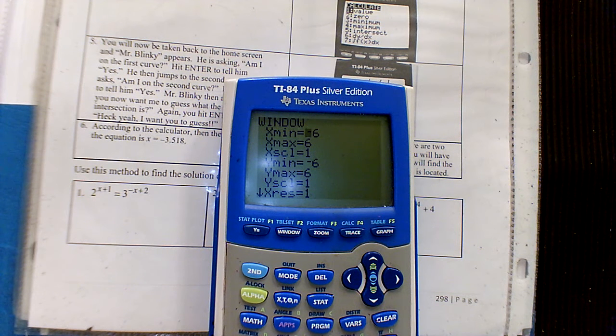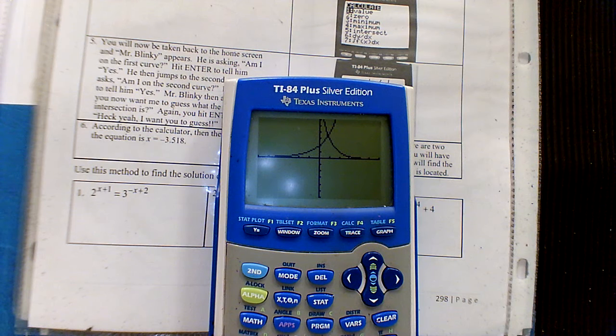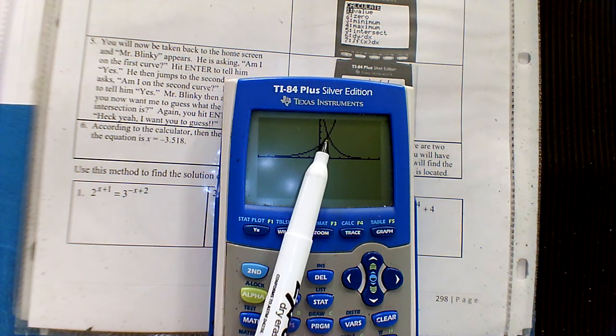Who knows if we'll have to change it or not, but we'll start somewhere. All right, let's hit graph. I'm trying to figure out where these equations are the same. So graphically, I'm trying to figure out where they cross or where they meet each other. So I definitely have an intersection point right there.